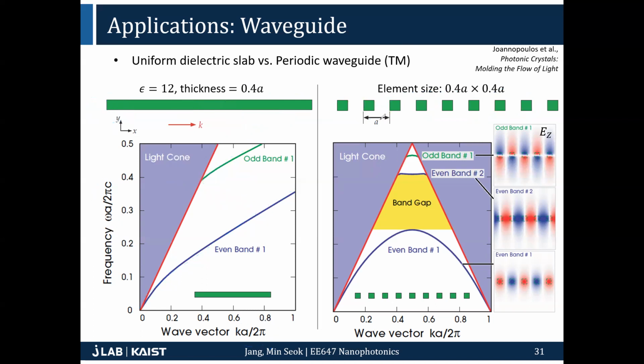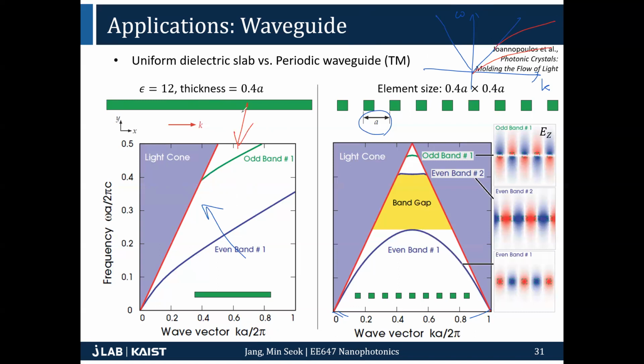as I said, because we have periodicity, our band structure or dispersion relation is repeated every 2 pi in K space. So that is effectively like this. If I draw this, you have a K vector, this is omega, this is the light line, and your dispersion relation must look like this, right?